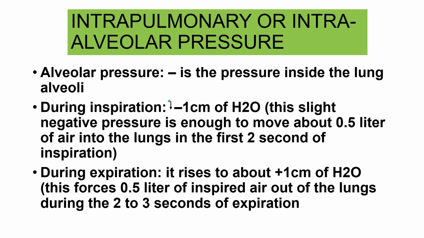Slight negative pressure is enough to move about 0.5 liter of air into the lungs in the first 2 seconds of inspiration. During expiration, there is a slight increase in pressure, that is plus 1 centimeter of H2O. This helps to move that 500 ml or 0.5 liters of inspired air out of the lungs during the 2 to 3 seconds of expiration.